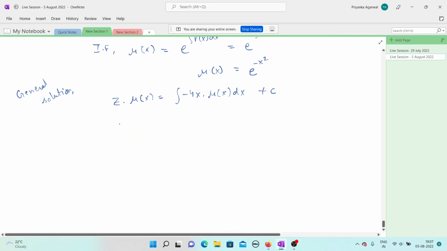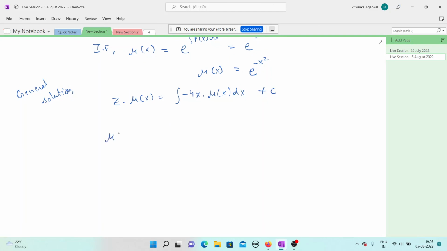So mu(x) is e to the power minus x square. If I take it on the other side, z will become e to the power x square times the integral of minus 4x e to the power minus x square dx plus c. Now you can solve this integral. How?